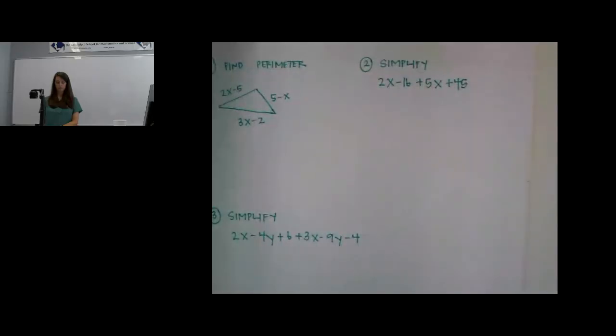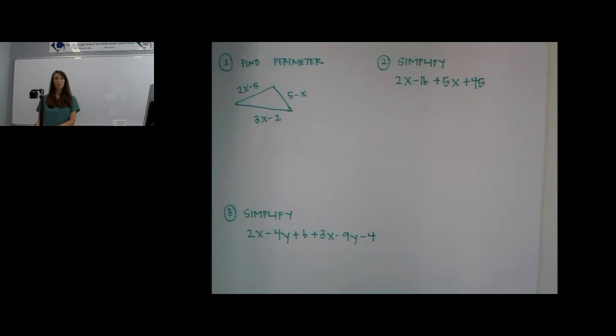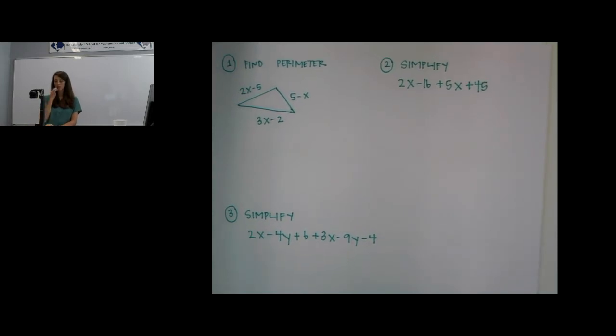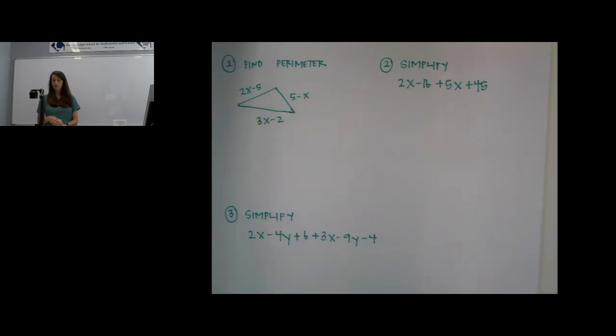Okay. So give me just a second. Let me get it situated. Okay, so here we go. Number one, it says find the perimeter of this little triangle: 2x minus 5, 5 minus x, 3x minus 2.